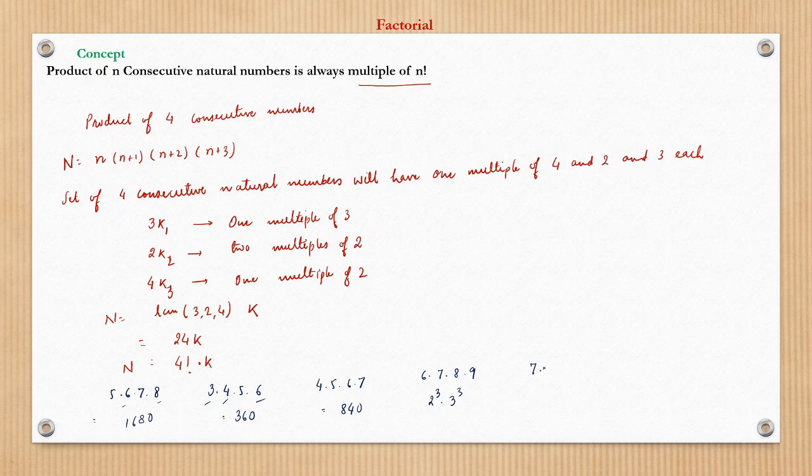Now if I take 7 into 8 into 9 into 10, another. So here what will happen? It will be nothing but 2 cube into 3 square. Sorry, 2 4 into 3 square.